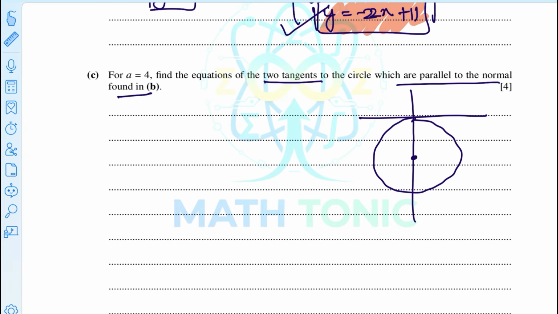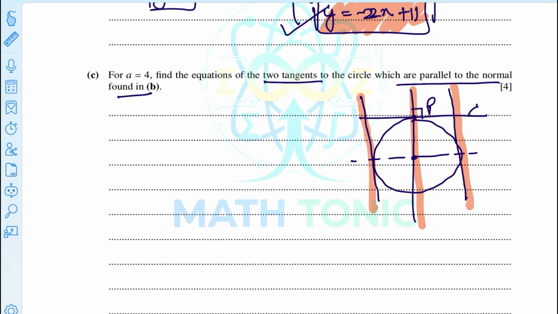This is passing through the center, and this one is the point P. Now we have to find the equation of a tangent which is parallel to this normal. Two tangents: one is this one, and the other one is this one, parallel to the normal. So we need to find the equation for that, right?